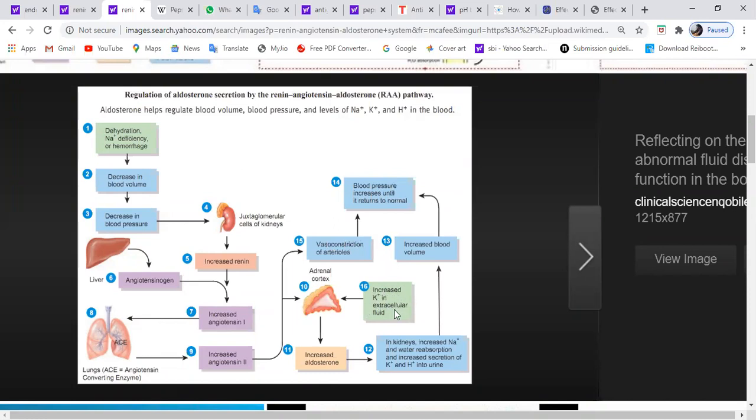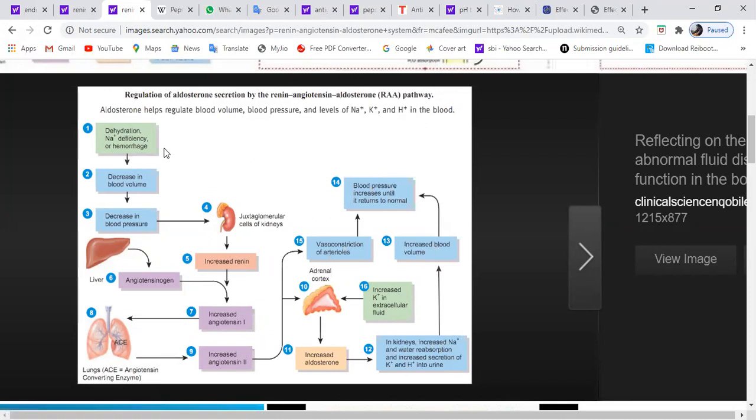Increased K positive ion concentration in extracellular fluid also works over the adrenal cortex so that more aldosterone is produced. It will lead to an increase in sodium and water resorption in the tubule so that the blood volume increases and again comes to normal. So this is a mechanism of blood pressure regulation and blood volume regulation also.